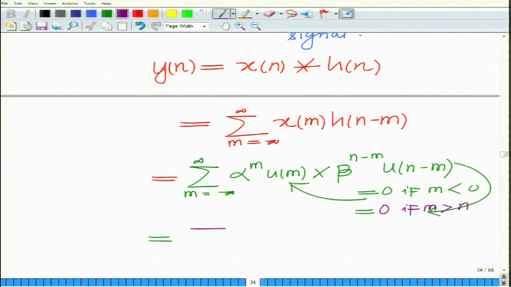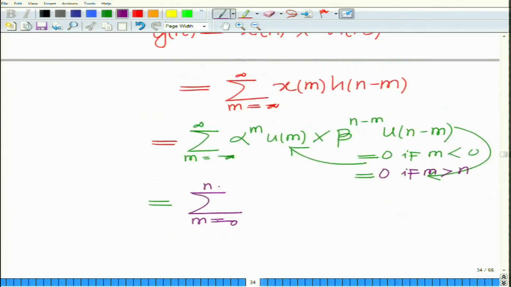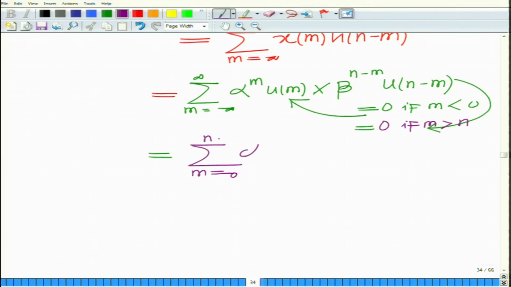Hence, this sum is non-zero only for m lying between 0 and n. So, m equal to 0 to n, alpha to the power of m u[m] beta to the power of n minus m u[n minus m].